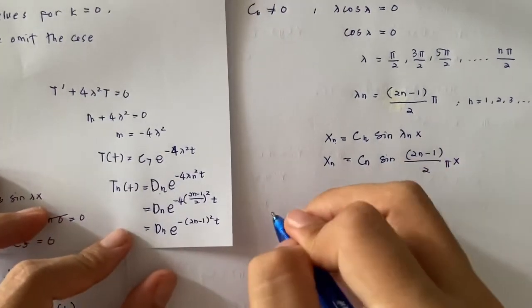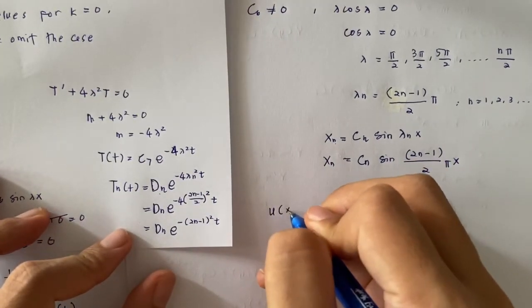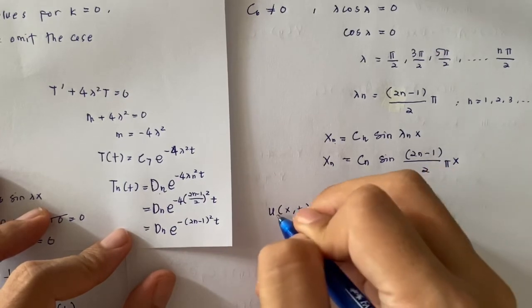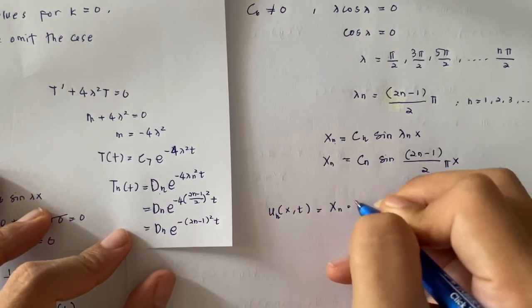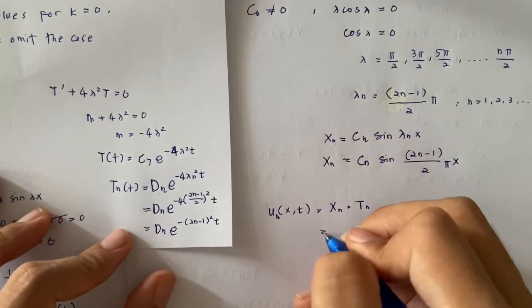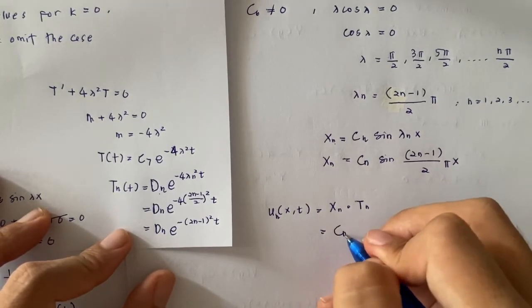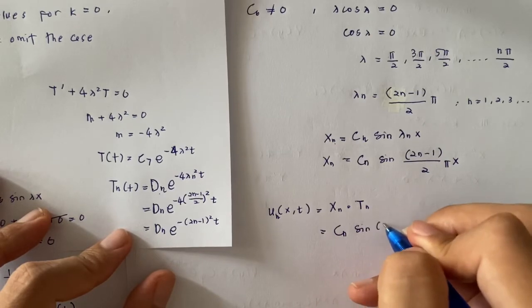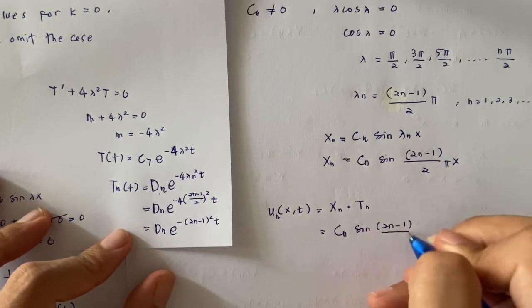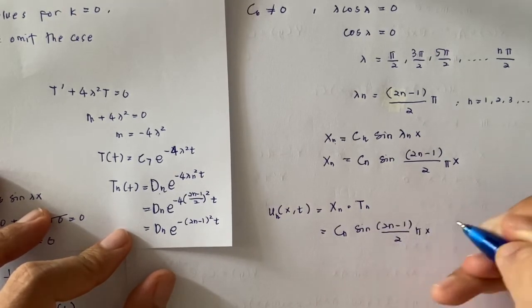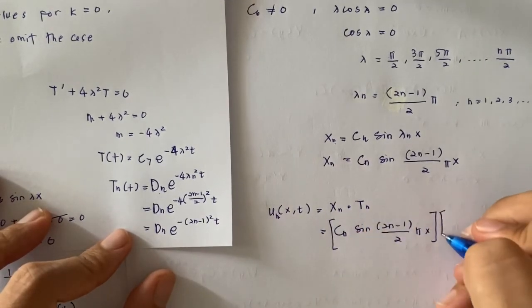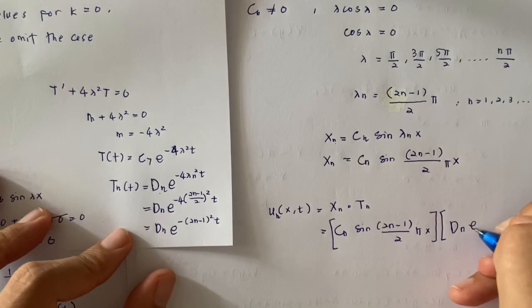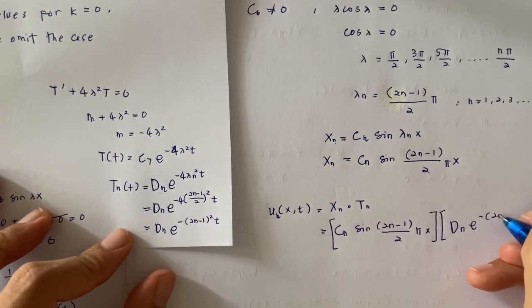So now we can write our u(x,t) equal to Xn multiplied by Tn. This is equal to Cn sine 2n minus 1 over 2 pi x multiplied by Dn exponent minus 2n minus 1 square t.